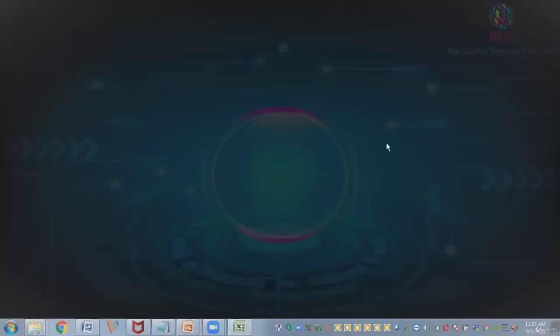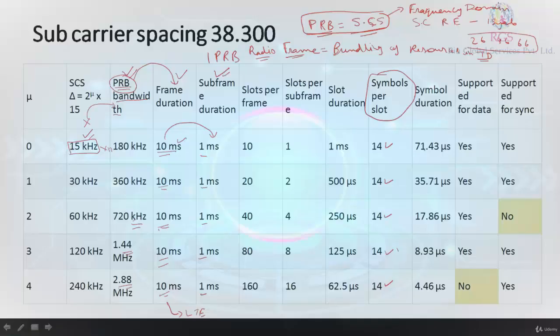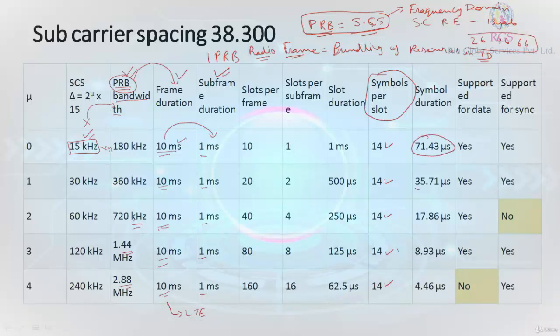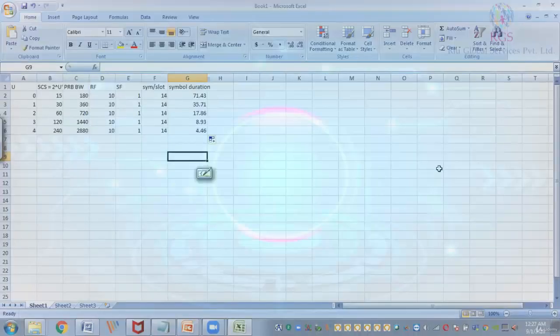Perfect. So you can compare them with here 71.43 microseconds, 35.71 microseconds. So this makes it the overall symbol duration, right? Okay.